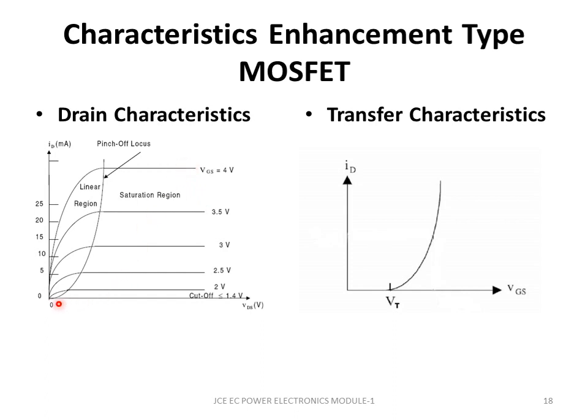This region acts like a transistor cut off, and this will act like the saturation. Then this is the point which we call the pinch off level, which moves from saturation to the linear region. So we have the linear region here, this is the saturation region, and we have the cutoff region.